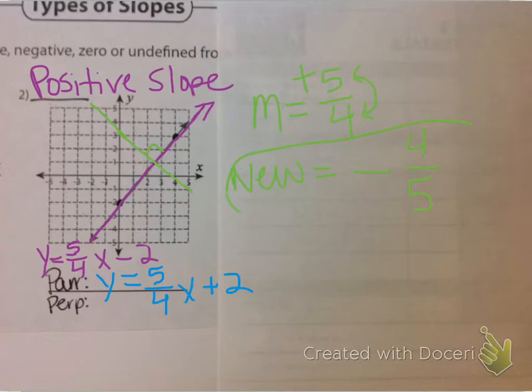Now I can use this new slope to write my new perpendicular line. It's going to be y equals negative 4 over 5, and my intercept that I see right here is a positive 3. So here are both lines. So I have my purple line, which is the original, the blue one is parallel, and the green one is perpendicular.